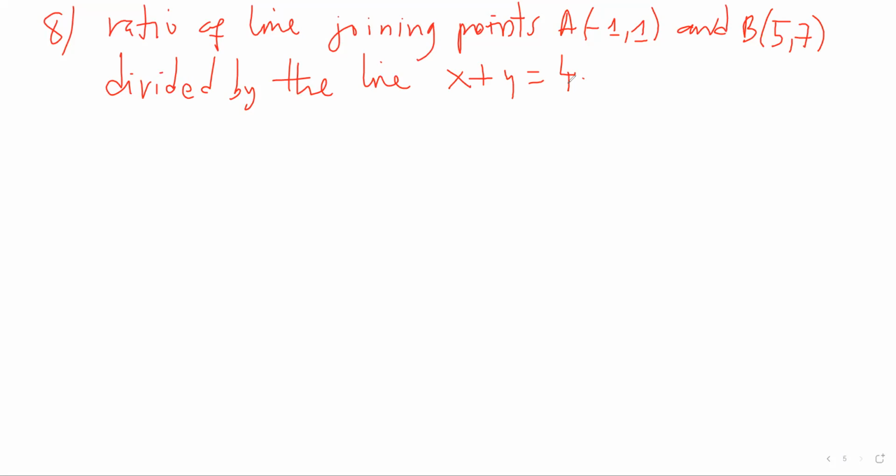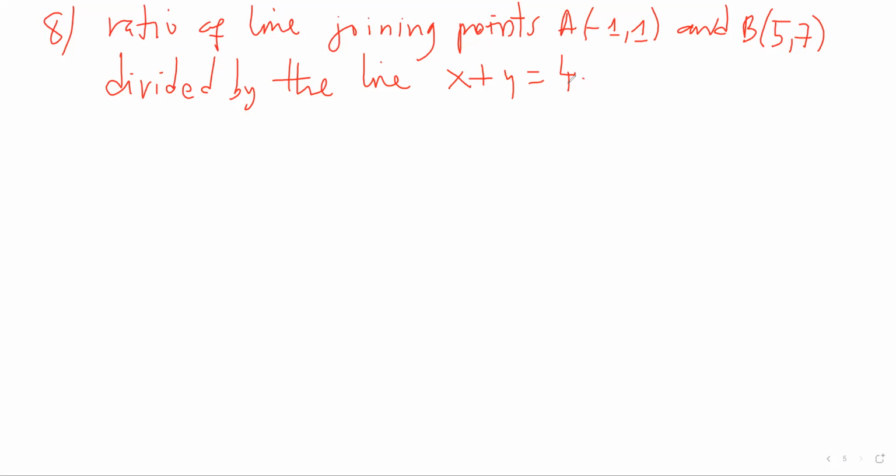Okay, so in such a case, we know that the line x plus y is equal to 4 passes through or divides the points A and B into a ratio. Of course, we don't know what this ratio is.